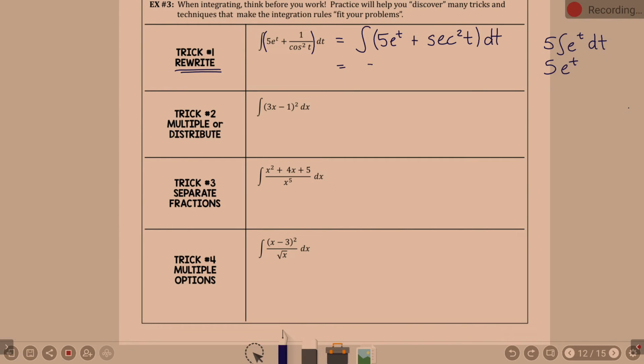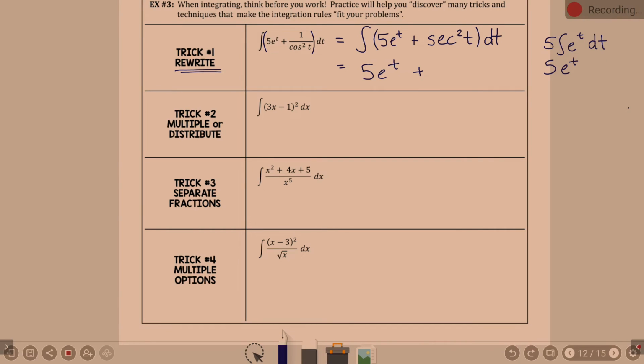So 5e^t plus the integral of secant squared. This is 1. Think about your derivative rules and reverse them. I know, your derivative rules are rusty, so they're on that other page.